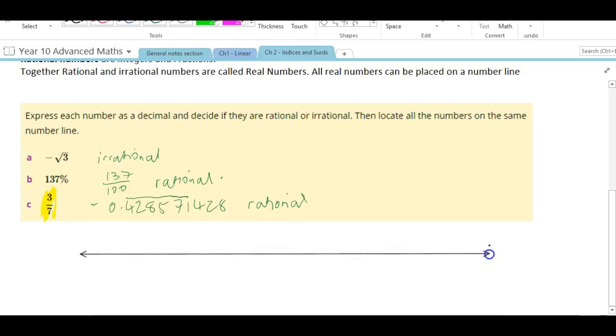Okay, so here's my number line. Let's put 0 in the middle here. Over to the right here is all my positive numbers, and all over here is my left.